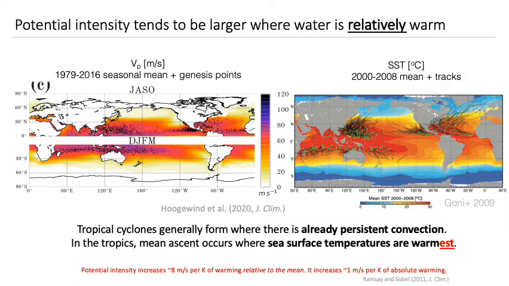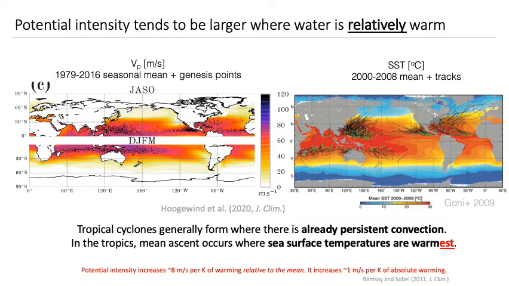Formally, and I'm going to show this in the next slide as well, potential intensity increases roughly by something like 8 meters per second per Kelvin of warming relative to the mean, and only by something like 1 meter per second per Kelvin of absolute warming. That's all else equal, in a simplified setting.